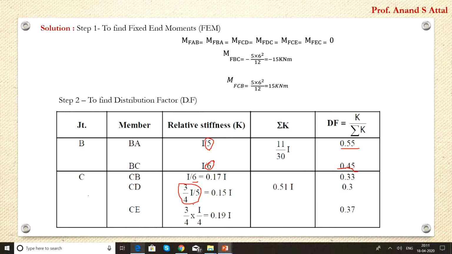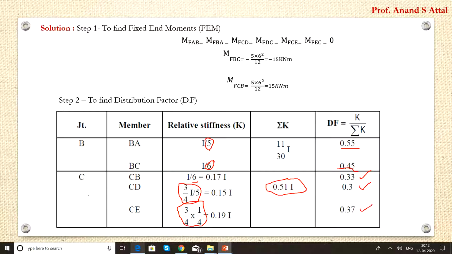The next member on joint C is CE. For CE, it is 3 by 4, I by L, and L is 4. Again we find the K of each member, the relative stiffness, and the summation K, which comes to 0.51 I, and we find the distribution factors: first 0.33, second 0.3, and third 0.37.